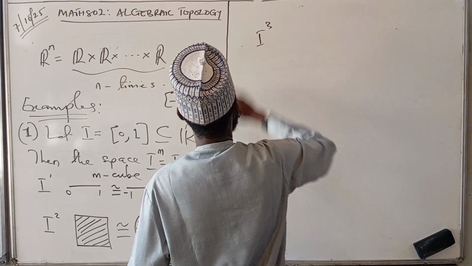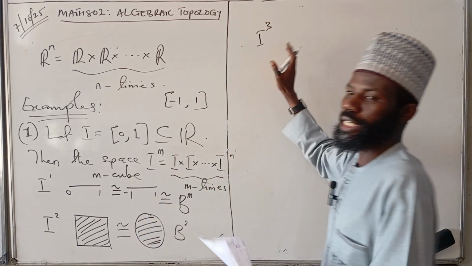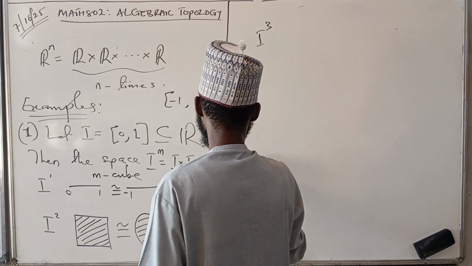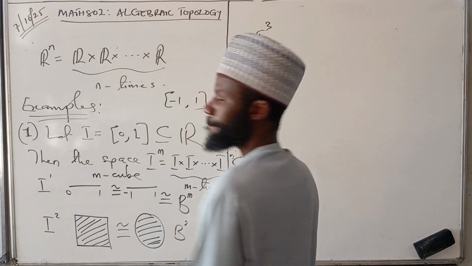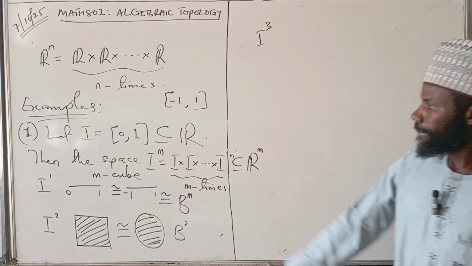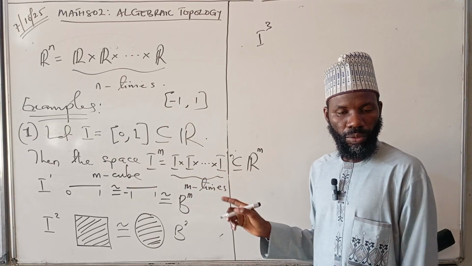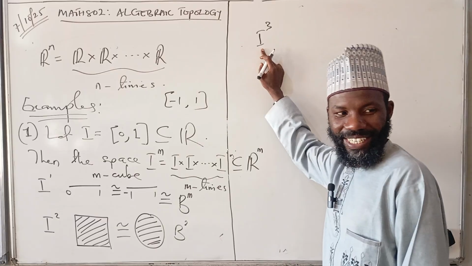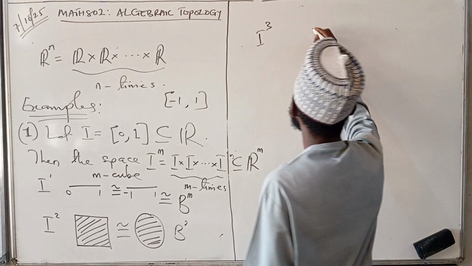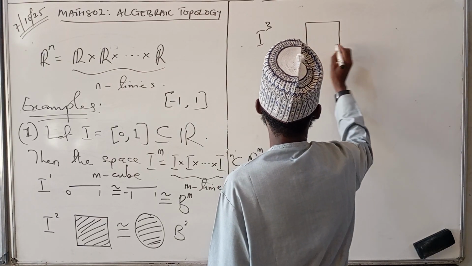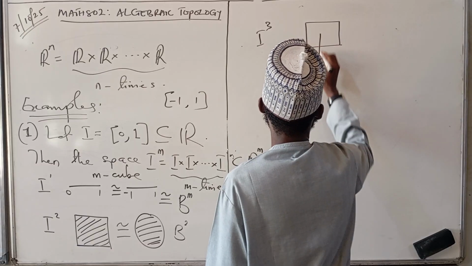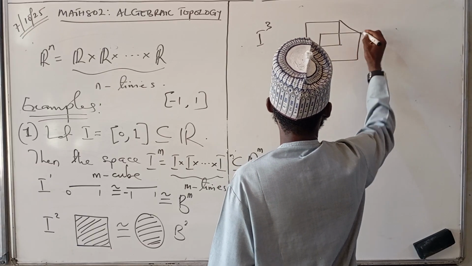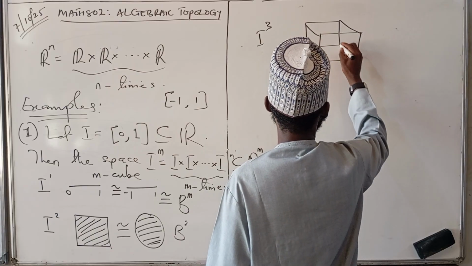So I3, and this one now is existing in, because this space is a subset of Rm. It's a subspace of Rm. So I cube is existing in R3. And it will look like this. So it's a cube.